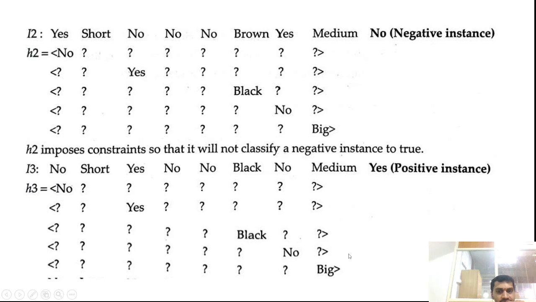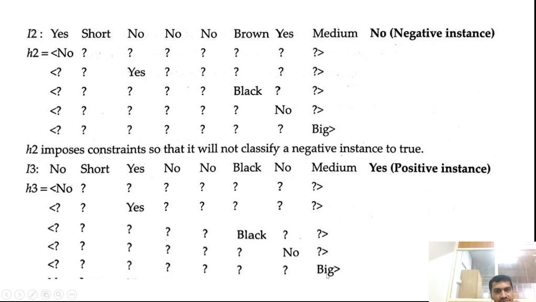So what can I do? I can make it a question mark over here, or I can skip that. If I make it a question mark, then it will accept medium also. If medium is accepted, then it will follow the negative instance, right?